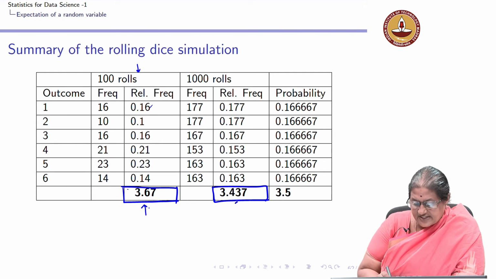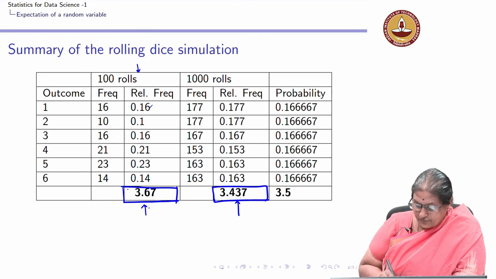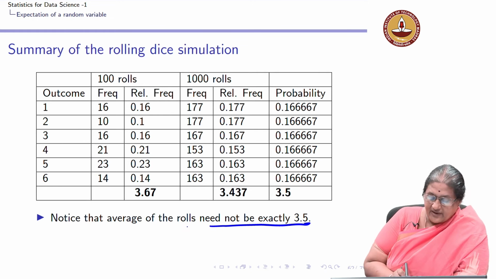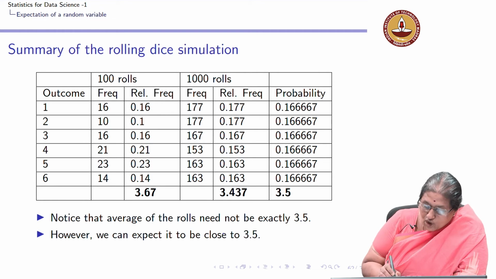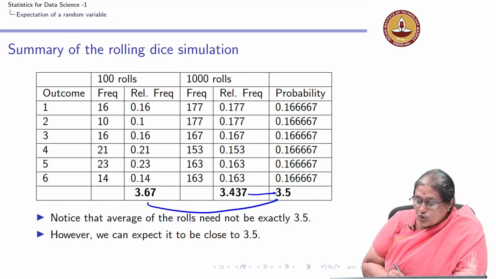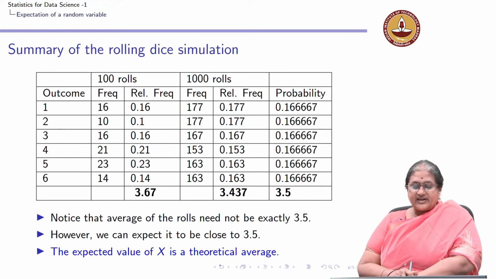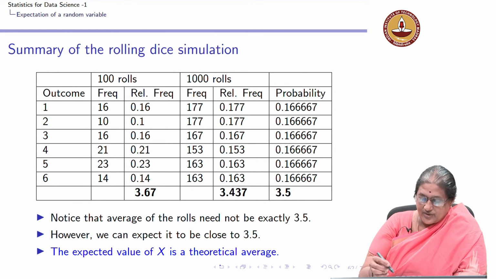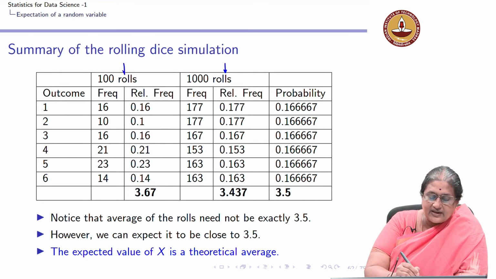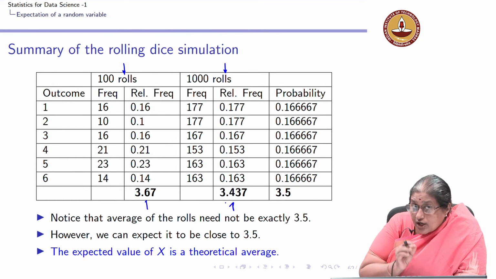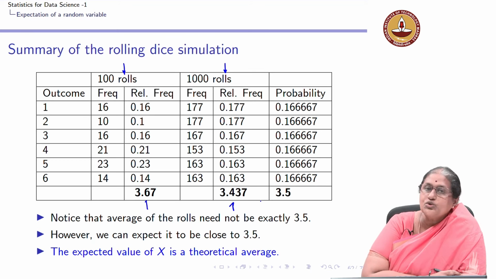Here you can see it is 3.67, here you can see 3.437. So, it need not exactly be 3.5, it would be close to 3.5. Both are close to 3.5, and the expected value of x is the notion of a theoretical average. When you actually conduct the experiment of rolling a die, you could get values which are not exactly 3.5 but close to 3.5.